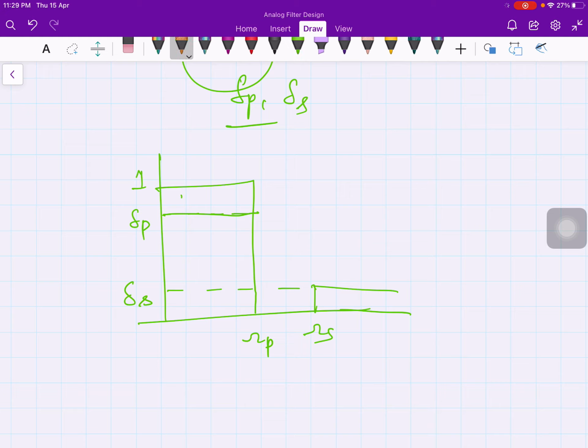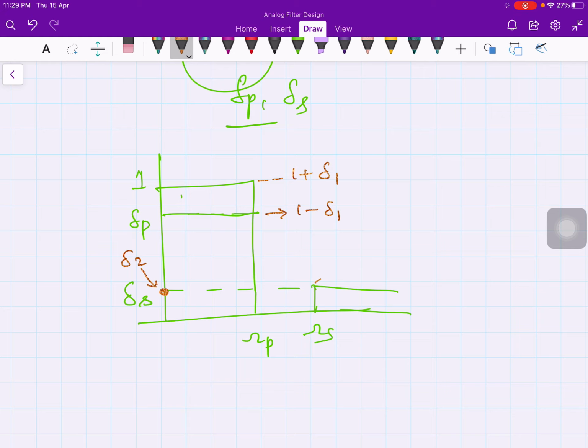They said this point is 1 plus delta 1, this is 1 minus delta 1, and this value is delta 2. Just the notations are different, that's all. For some historical reasons, I don't know why they used it like this.